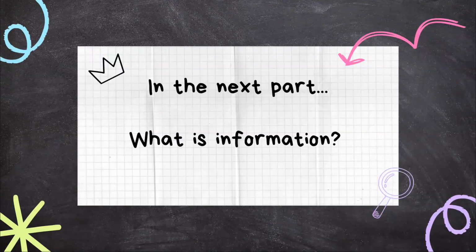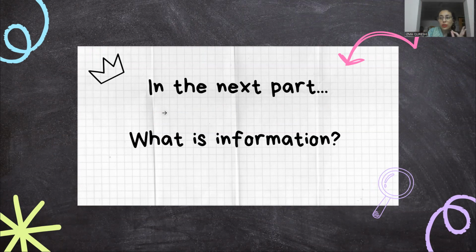That's it for today. I hope you enjoyed the video, and I hope you got an idea about what we were talking about and what sort of comparison we were doing today.